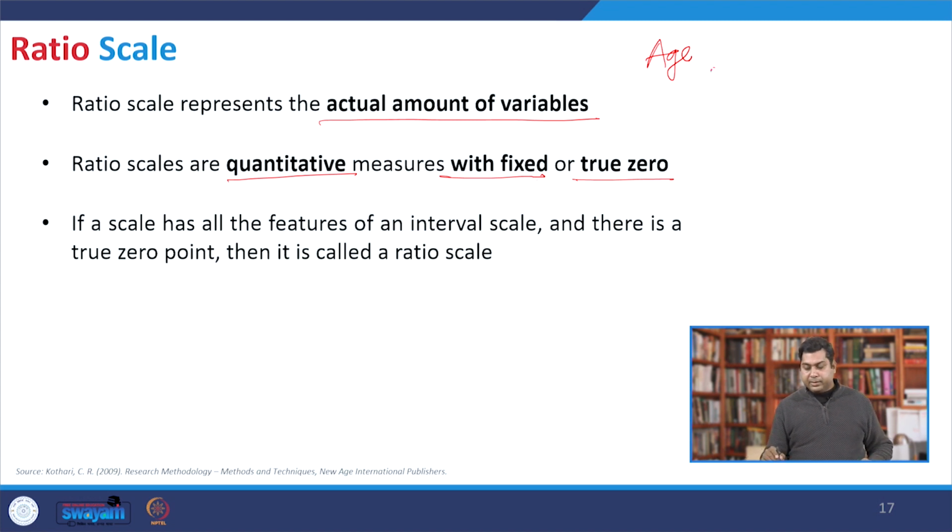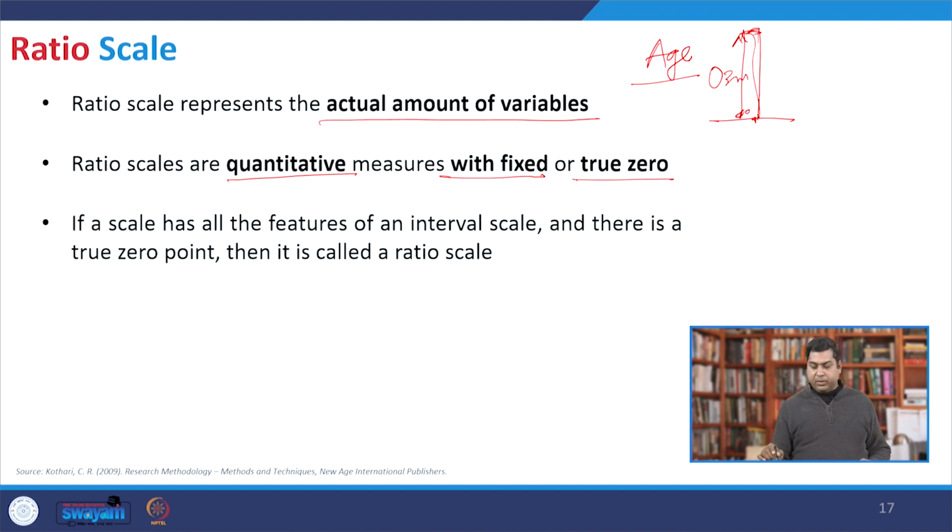So, definitely 0 means there is no age, right. 0 age means that particular person is not born. So, the moment the person is born, it starts from a certain value, right, we can measure it like this. Height of a building, when you say it is 0, that is at that level, and then you can increase or measure this particular height, okay, 3 meter or 4 meter. So, this is about the ratio.